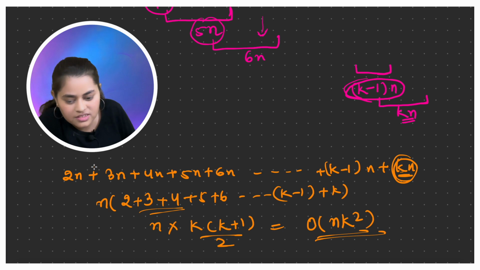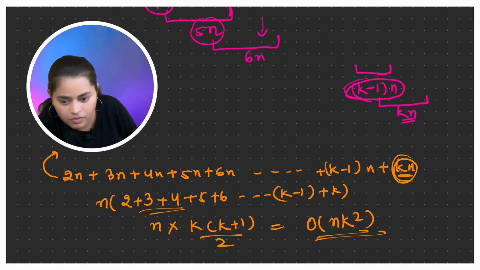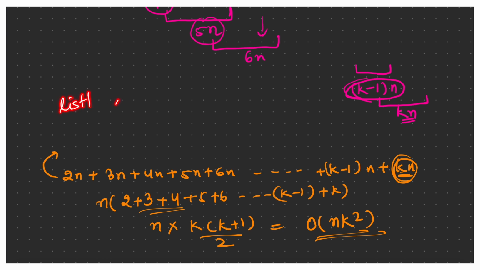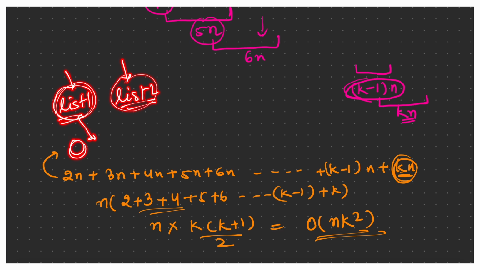And how much space did we take, right? If you remember from the previous video, when we were merging list 1 and list 2, we did not take any extra space. We were just taking the same nodes and adding them to the new head, right?